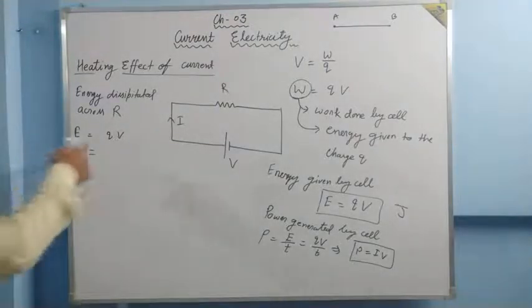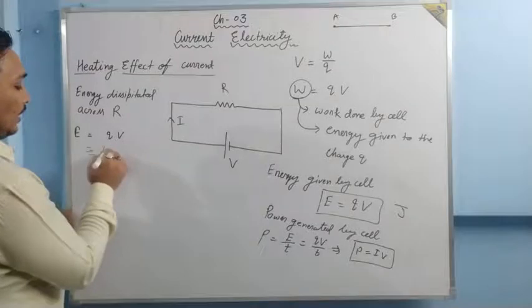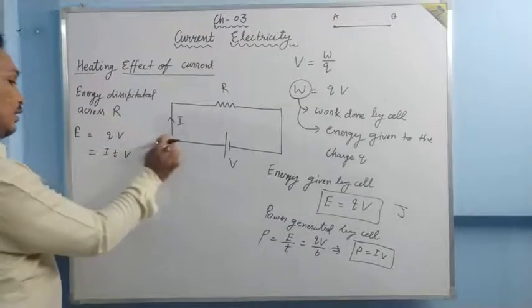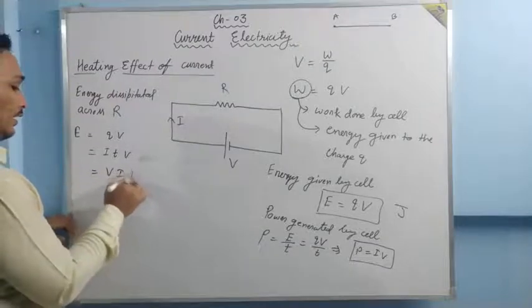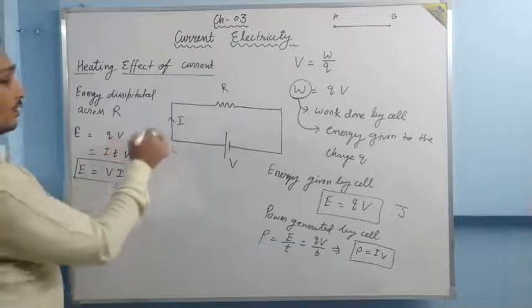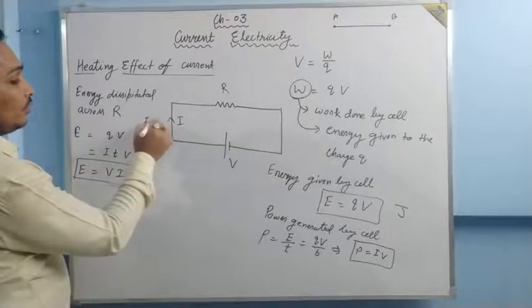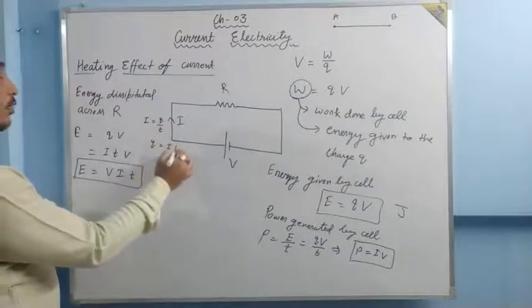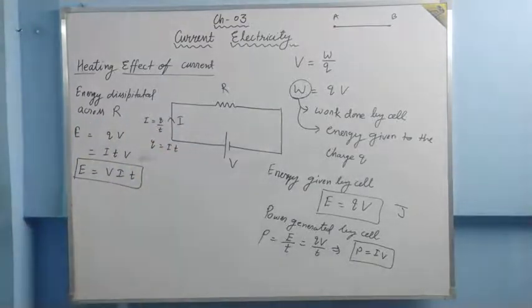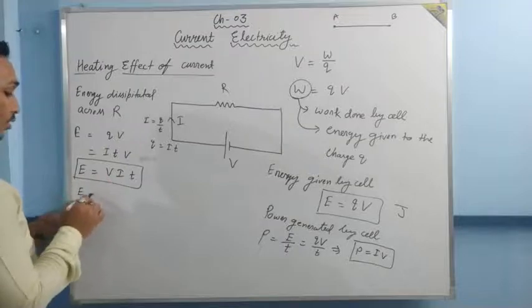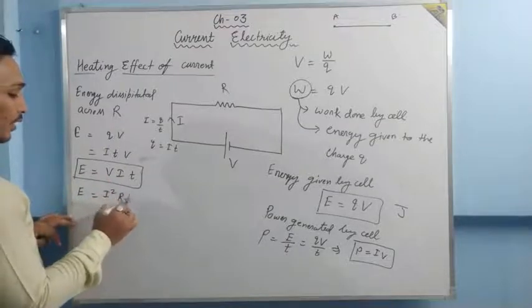Now in place of Q, I can put I into T, and we can write VIT. This is the energy. How has QIT come in place of Q? Current is equal to charge upon time. From here, charge is equal to current multiplied by time. So this is the energy dissipated across R. But if you place IR in place of V, then you are going to have I square RT.